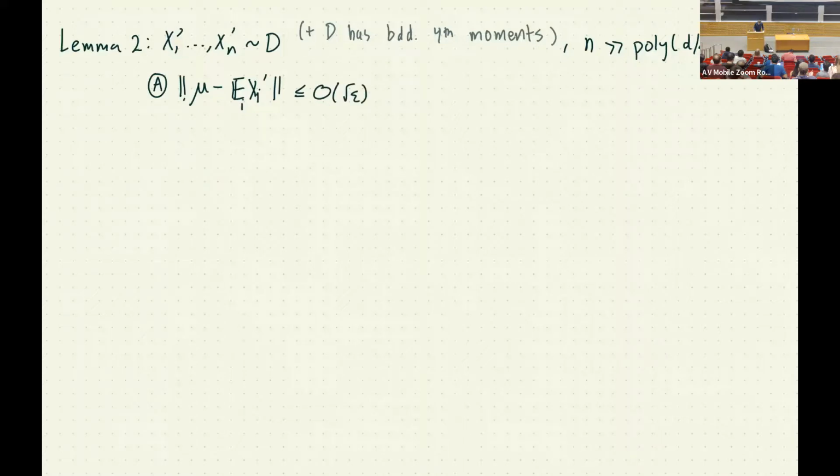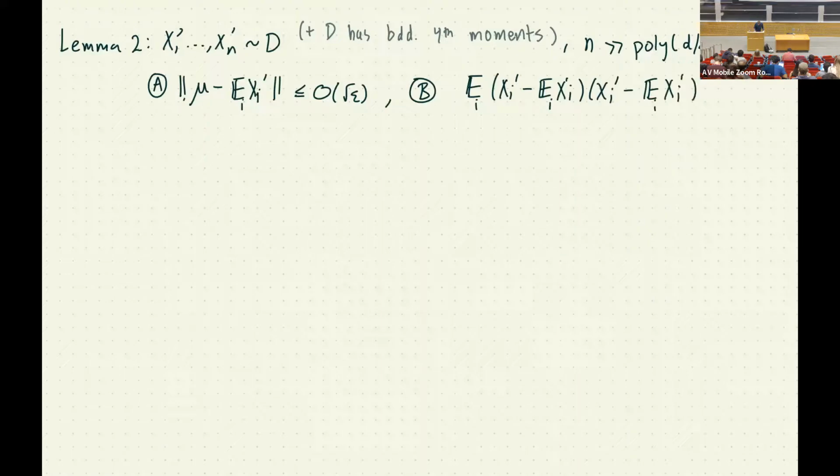I can get it down to whatever function of epsilon I want here. And B, the empirical covariance is bounded. So if I average over samples centered at the empirical mean, this is order 1.